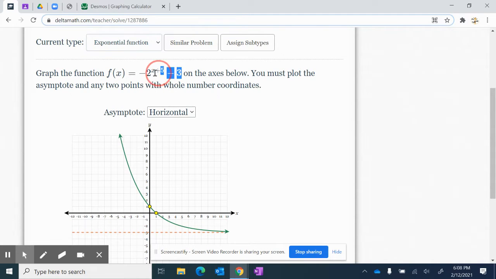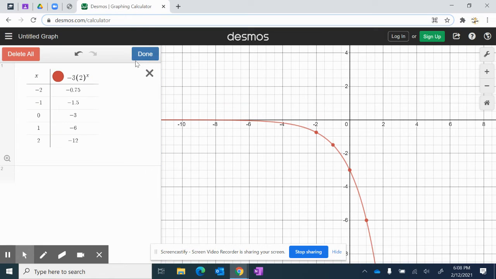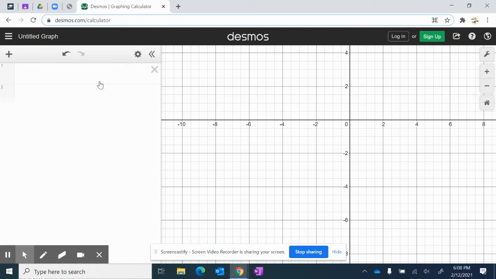And then I'm going to type this entire equation in on Desmos. I'm going to go back here. I'm going to say done and exit out of the table. And then I can type my new equation in.